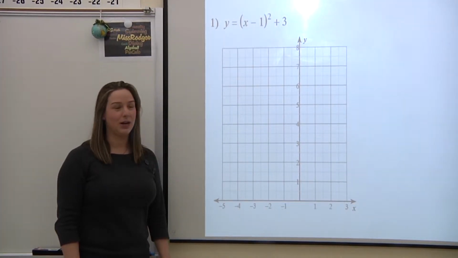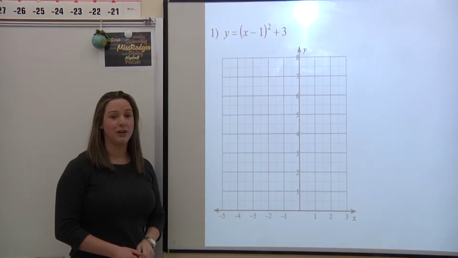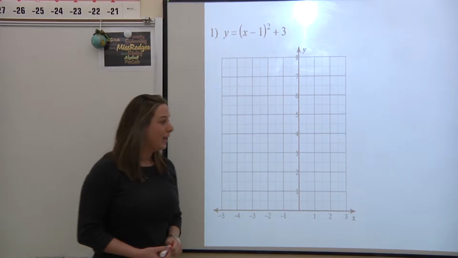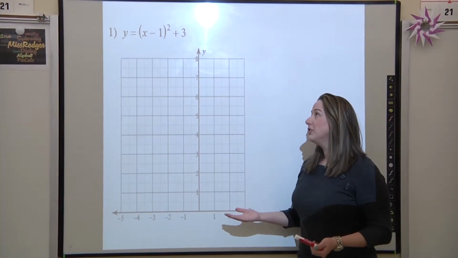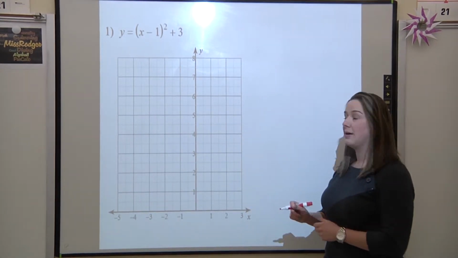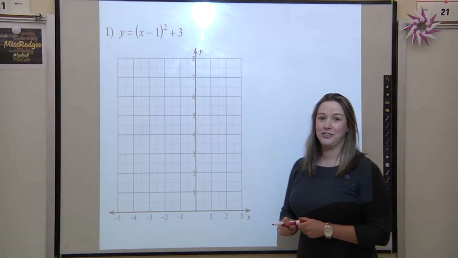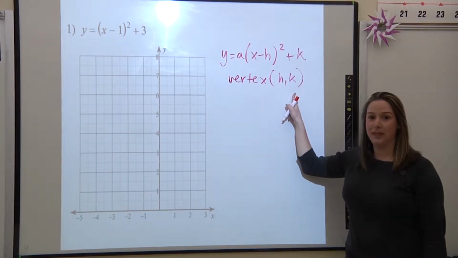Let's take a look at the first problem. y equals parentheses x minus 1 close parentheses all squared plus 3. This equation is in vertex form. So the first step is going to be to plot the vertex. Our vertex comes from the point h comma k.